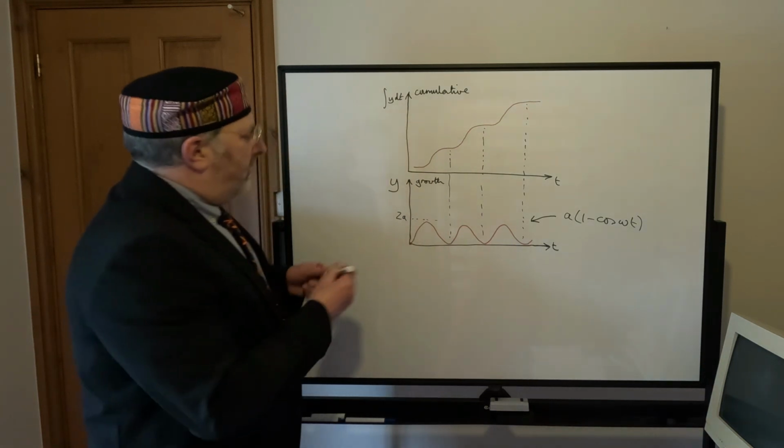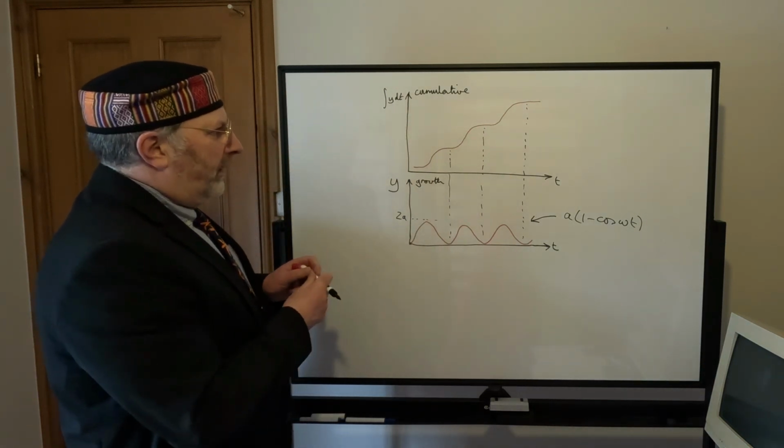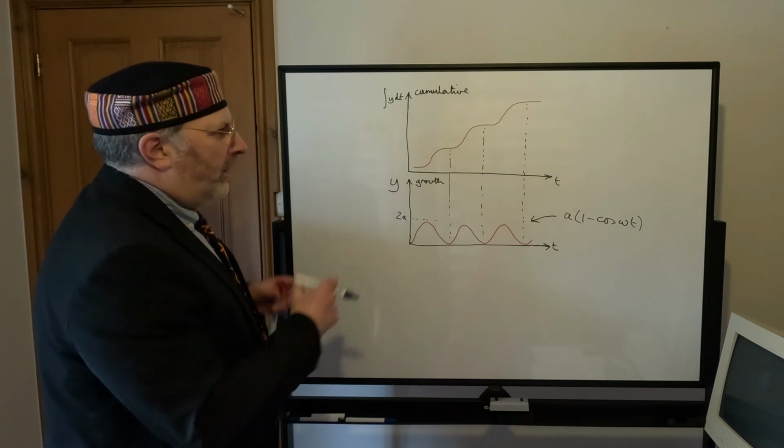Well, we looked at a couple of ways that we can generate cyclical behaviour. One is direct.